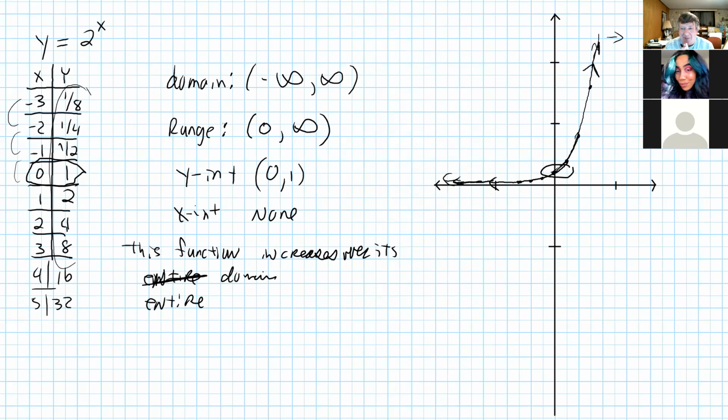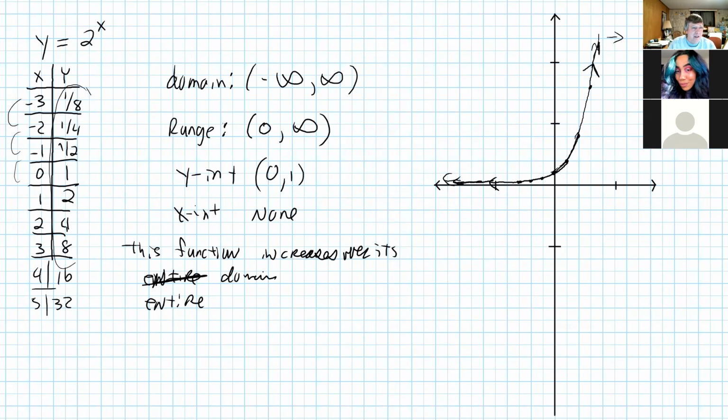This is not a parabola. The right-hand side kind of looks like a parabola, but it's not. Okay, that's just fine.